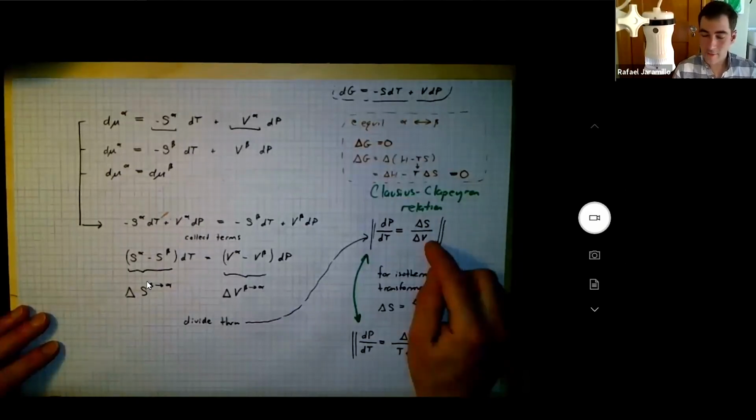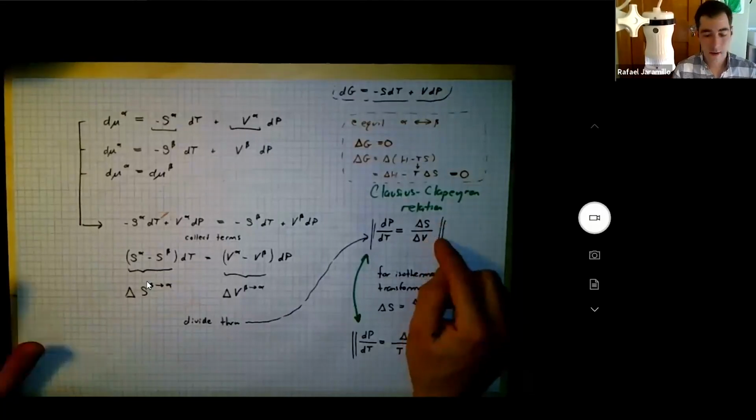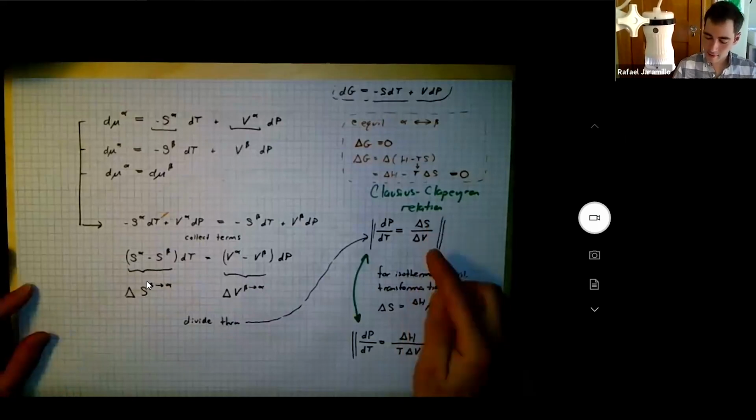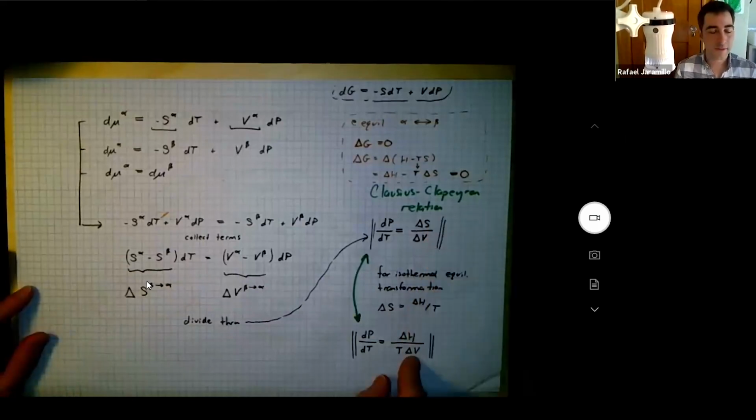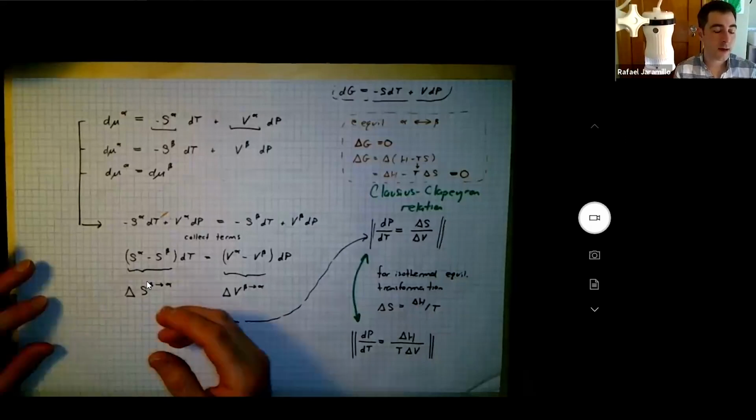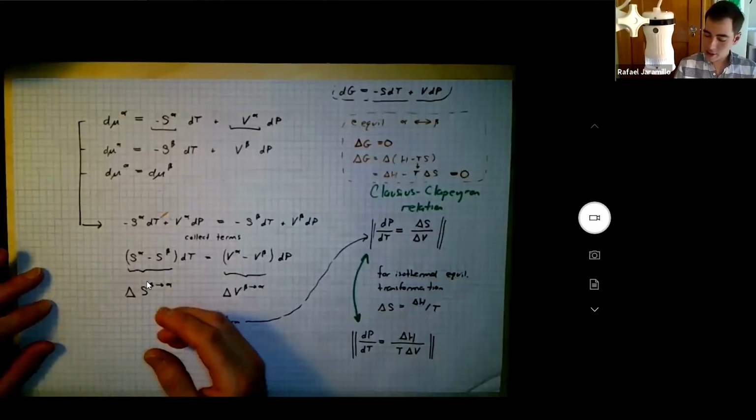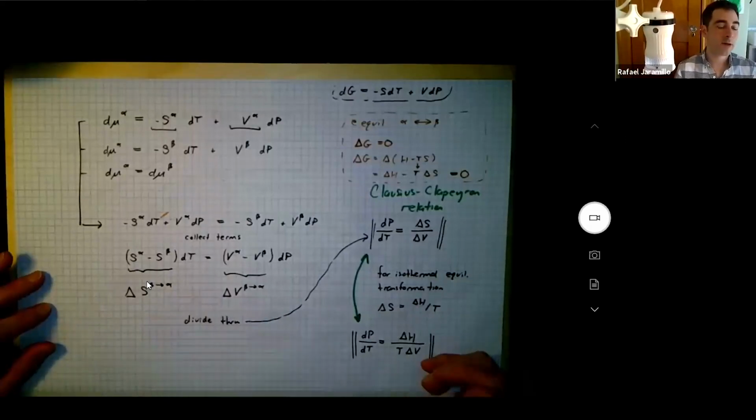These are functions of temperature and pressure. At any given temperature and pressure, they're numbers. So for instance, delta S, delta V, delta H. They characterize the change in state variables as you move between phases. Being functions of temperature and pressure, they depend on temperature and pressure.